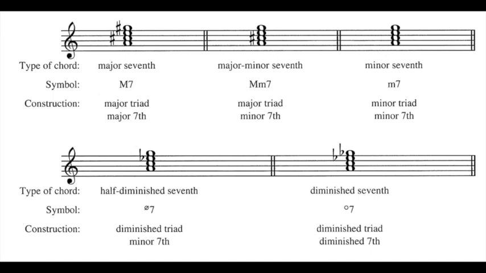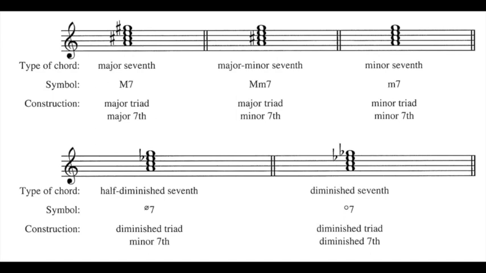So here we can see 5 different seventh chords. We have 2 chords that are based on a major triad, 1 chord that's based off of a minor triad, and 2 chords that are based off of a diminished triad.